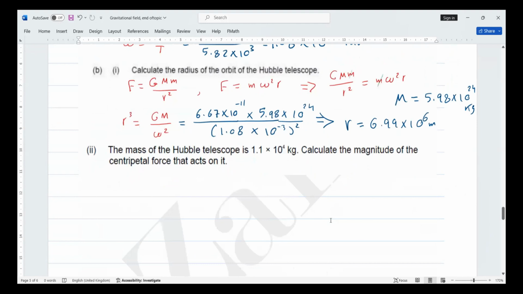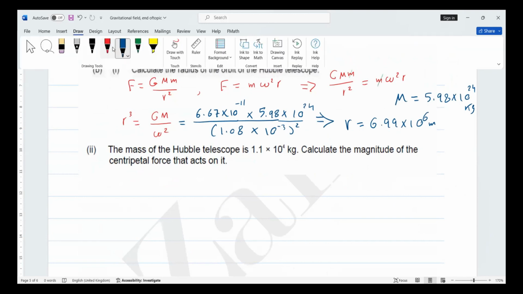Now, the mass of the Hubble telescope is given, and we calculate the magnitude of the centripetal force. We use the formula of centripetal force, F equals M omega squared R. M is the mass of the telescope, which is given: 1.1 times 10 to the power 4.